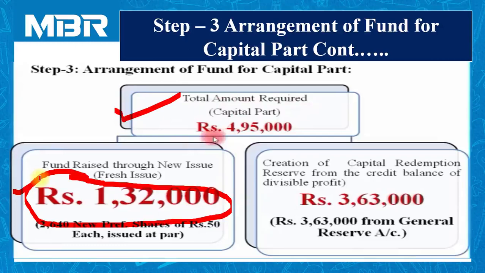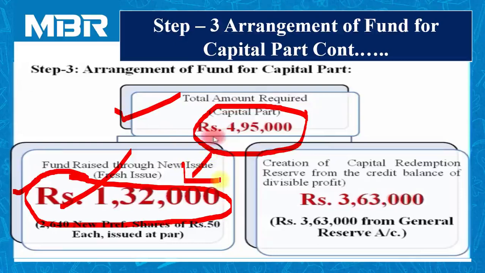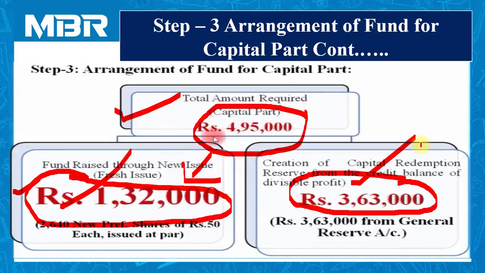So 2,640 multiplied by 50 is equal to 1,32,000. Out of 4,95,000, we have collected rupees 1,32,000 by issuing new securities. It means that we have to collect rupees 3,63,000 by creating CRR, that is, capital redemption reserve.